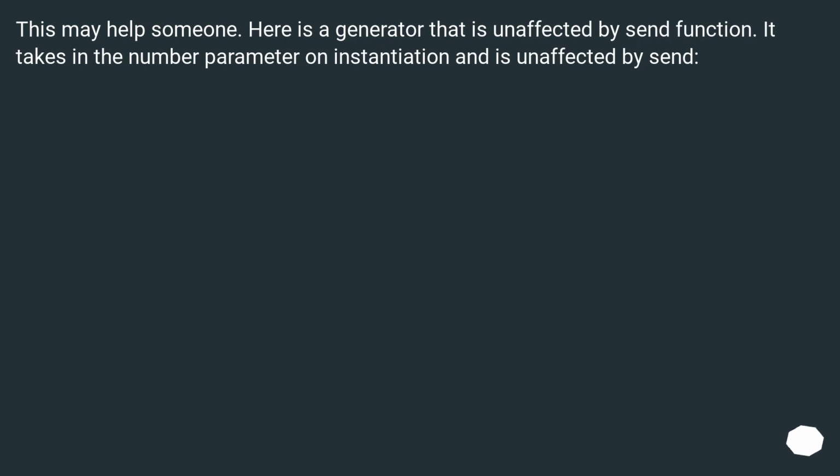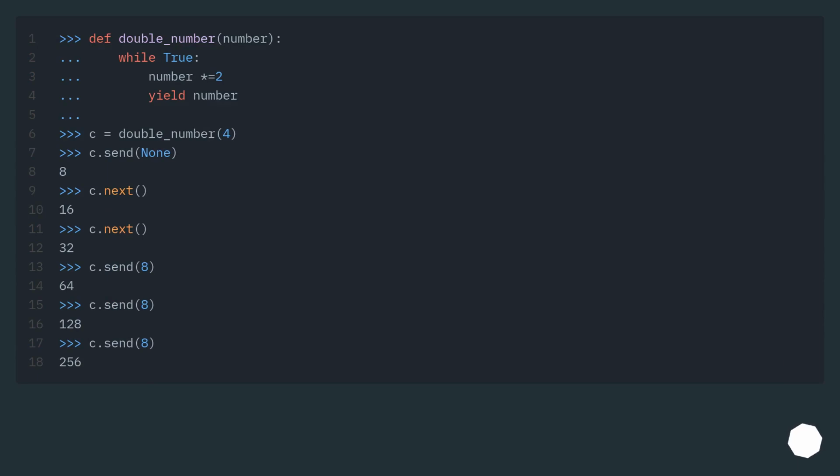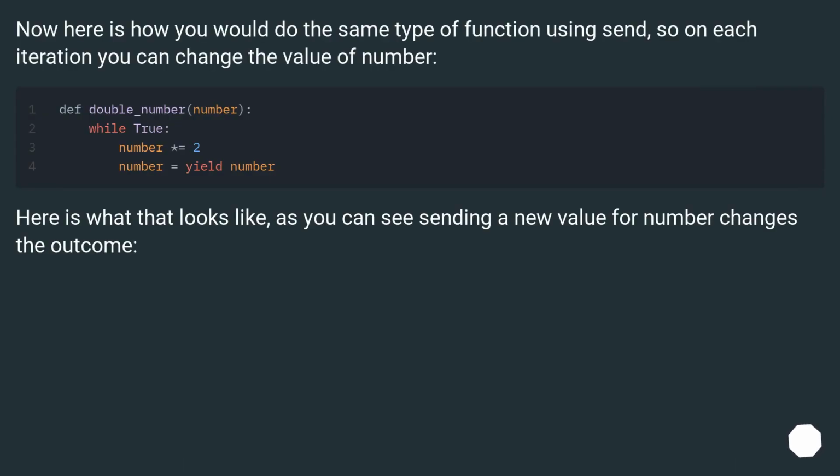This may help someone. Here is a generator that is unaffected by send. It takes in the number parameter on instantiation and is unaffected by send. Now here is how you would do the same type of function using send, so on each iteration you can change the value of number.